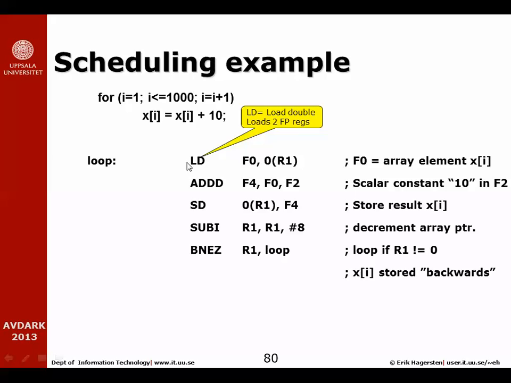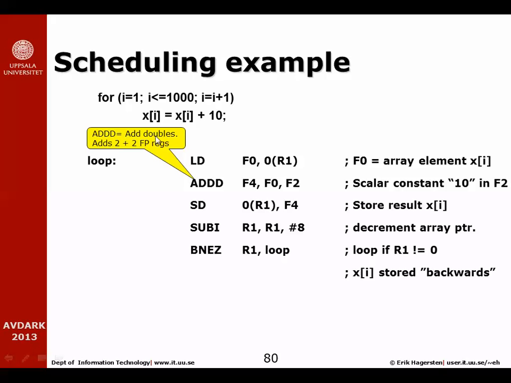LD means load double, so it's going to load data from the address identified by this statement over here into 2 consecutive registers. It's assumed that this is a 32-bit architecture, but when you do double precision floating point, you actually have to use 2 adjacent registers to store the double data value.